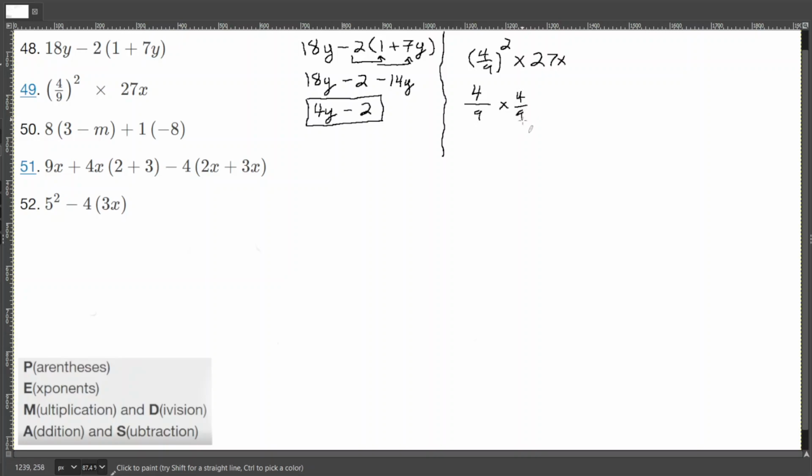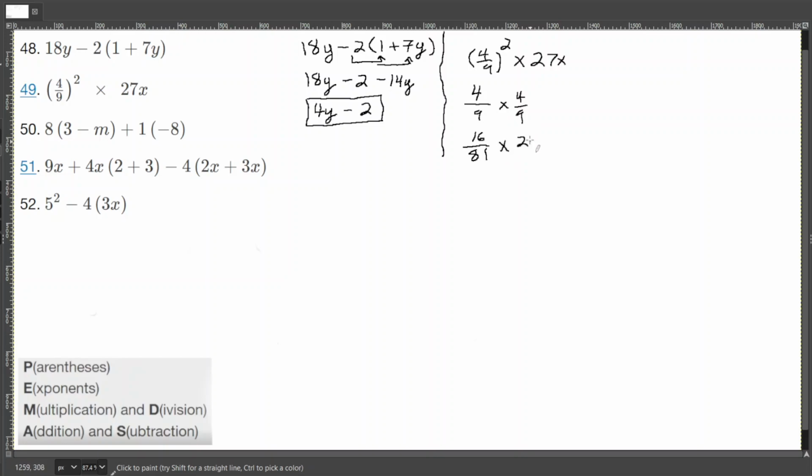Or if you know your polynomial rules, right, you could just square the top and square the bottom, which is pretty much 4 times 4, 9 times 9, right? We don't have any factors here to cancel out, so we're stuck. So we end up with 16 over 81, because that's 4 times 4, 16, 9 times 9, 81.